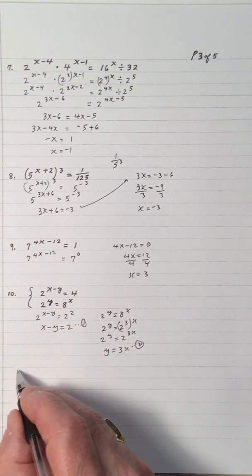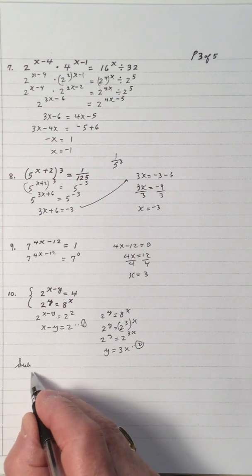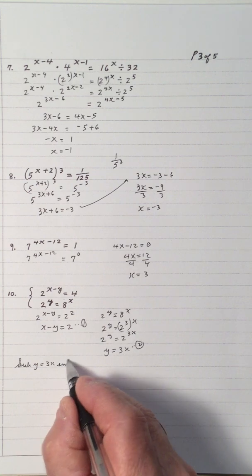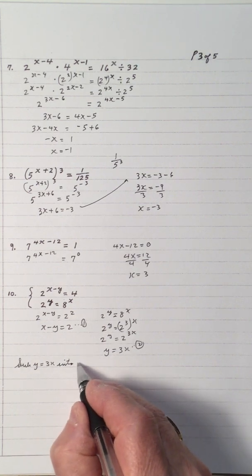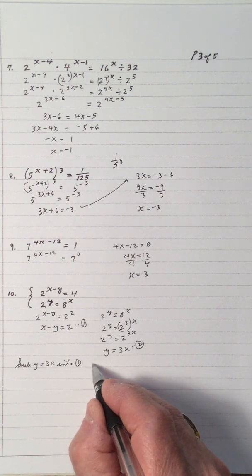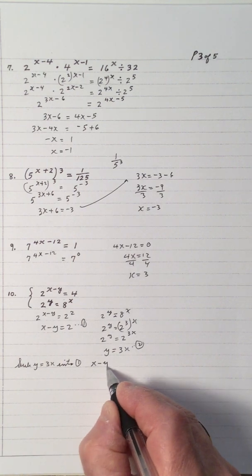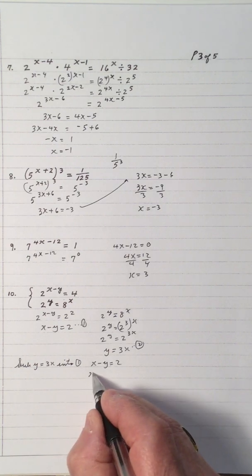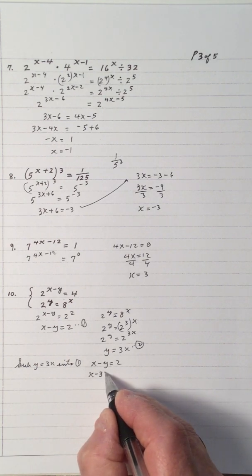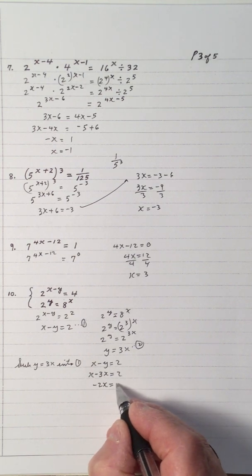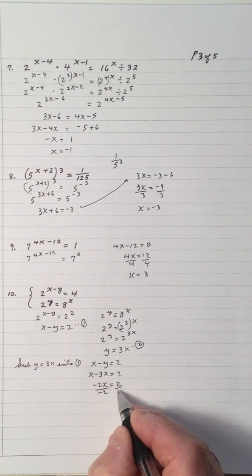So I'm going to sub y equals 3x into number 1. Number 1 is x minus y equals 2. So y is 3x, so x minus 3x equals 2. Negative 2x equals 2. Divide by negative 2.